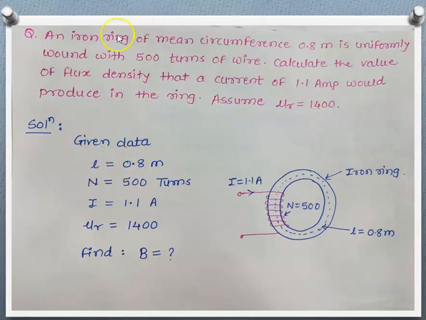L is the mean circumference of the iron ring, which is drawn here, 0.8 meter, N is equal to 500 turns wound here, and current is 1.1 ampere. We have to find B, the magnetic flux density, for this given data.